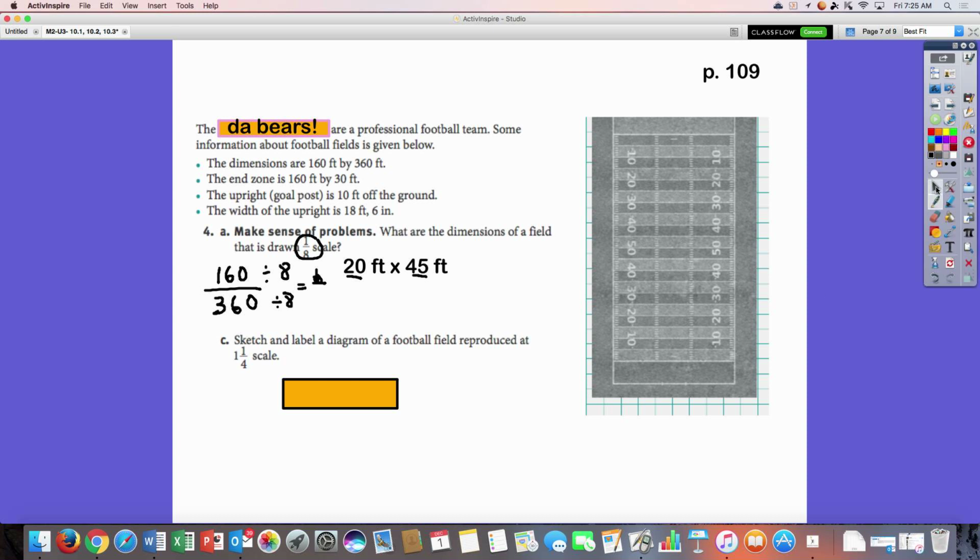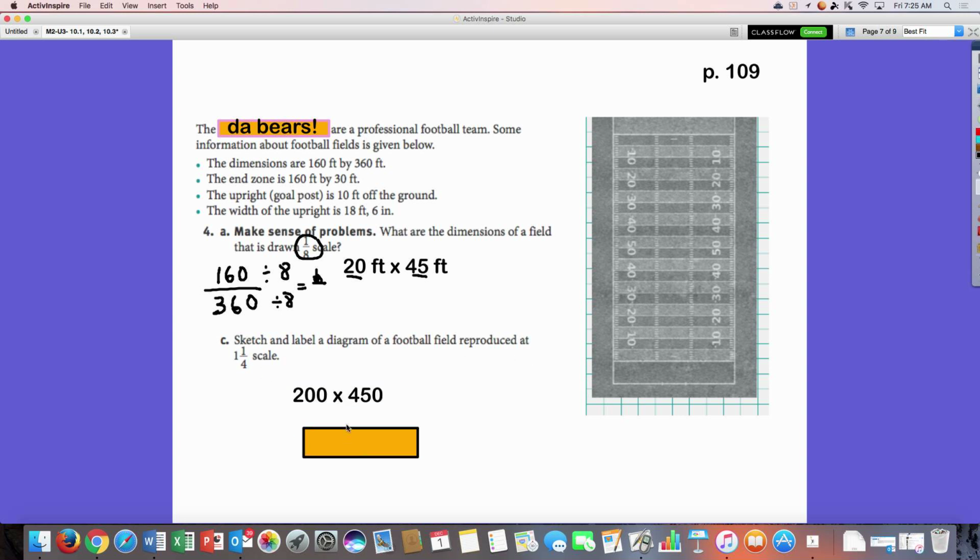They told us to sketch and label a diagram of a football field reproduced at 1 1/4 scale. Those measurements would be 20 by 45. I took these measurements, 160, and multiplied it by 1 1/4. Notice I switched that to improper for multiplication.